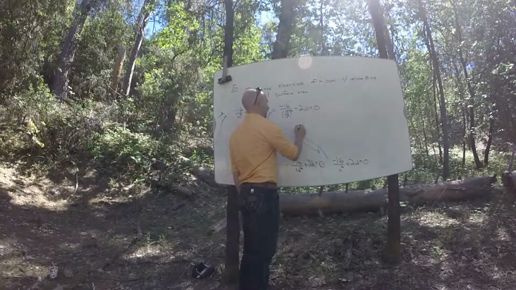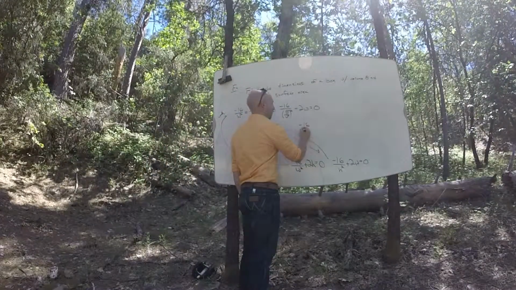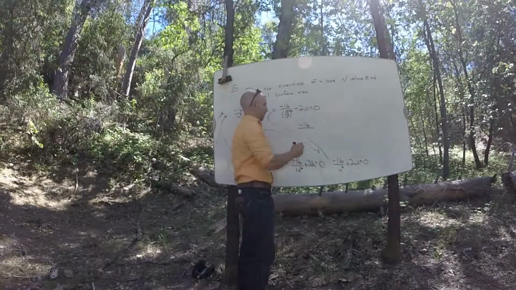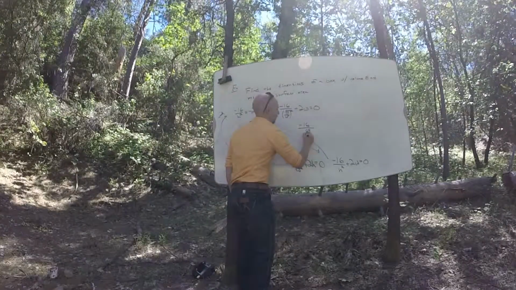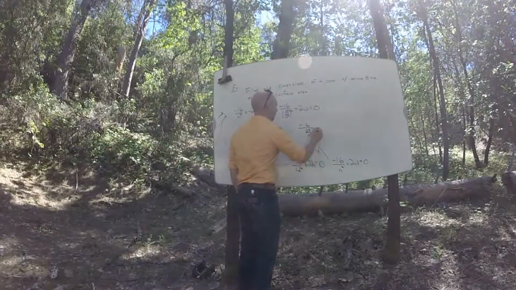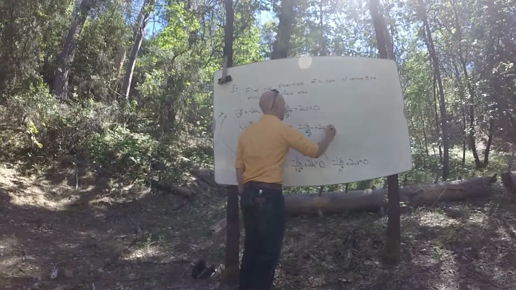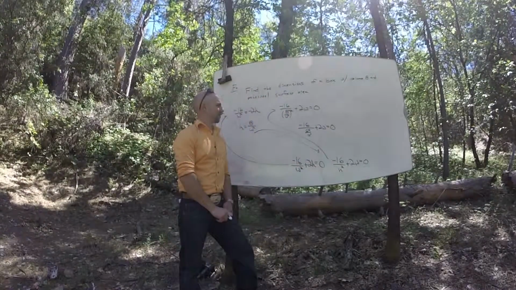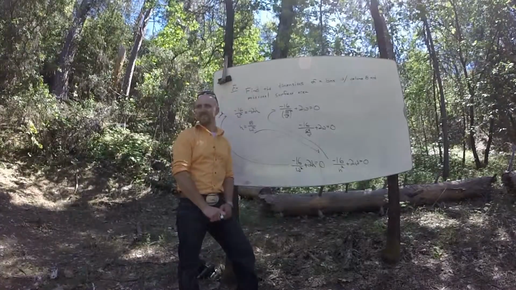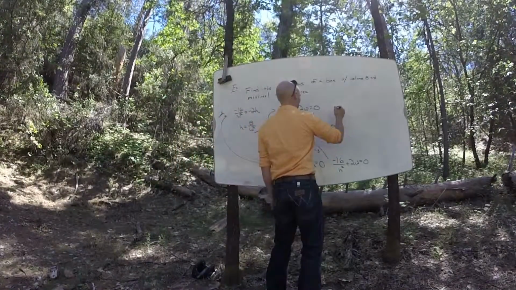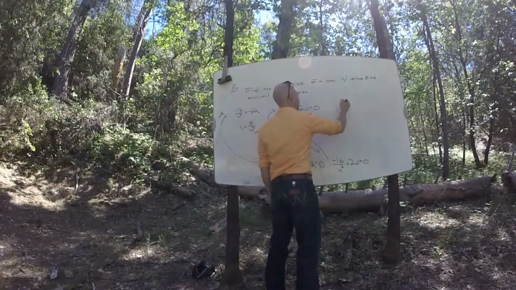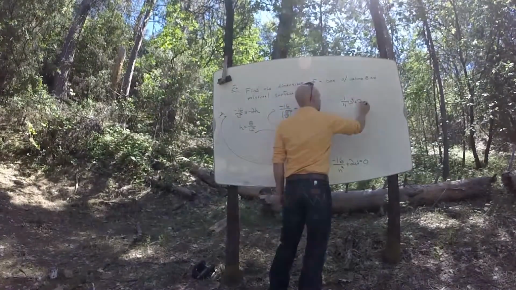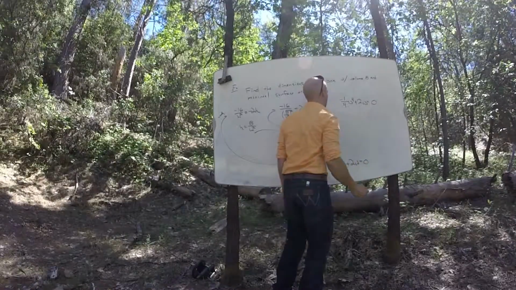Okay, so minus 16 divided by 64 over W to the 4th plus 2W is 0. So that's negative 1/4 W to the 4th plus 2W. Negative 1/4 W to the 4th plus 2W is 0.